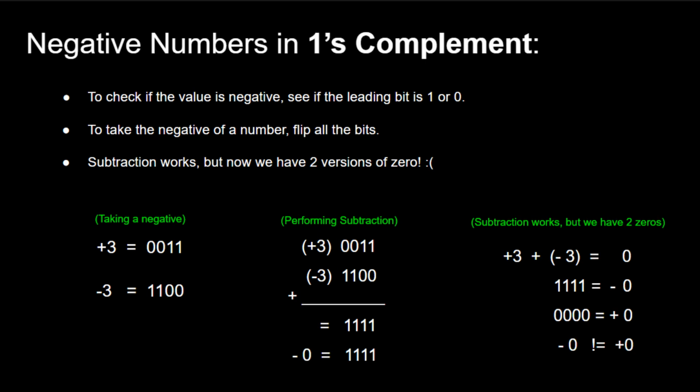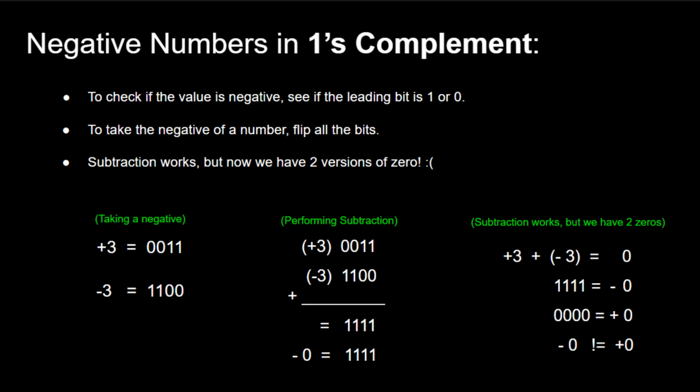To fix the subtraction problem with the signed approach, we use what's called 1's complement, which means that we still use the sign bit, but if we want to take the negative of a number, we need to flip all of its bits. For example, if we have 0011 as 3, if we wanted negative 3, we would flip all the bits to be 1100.